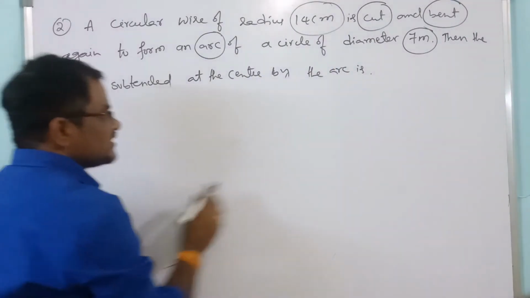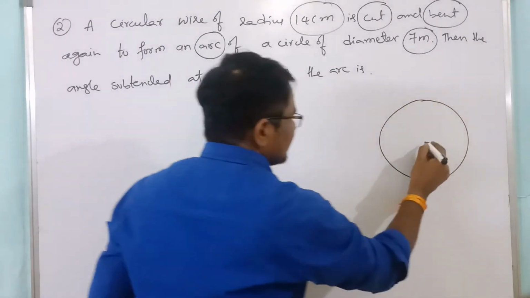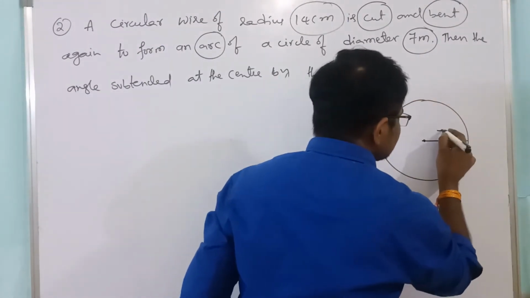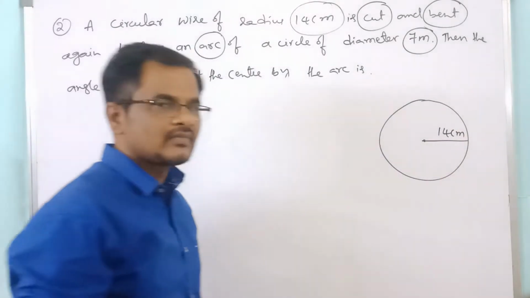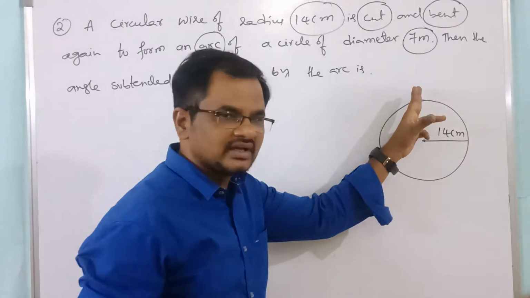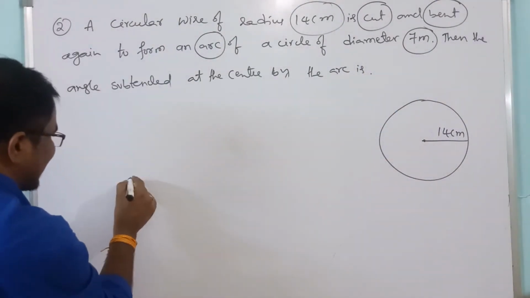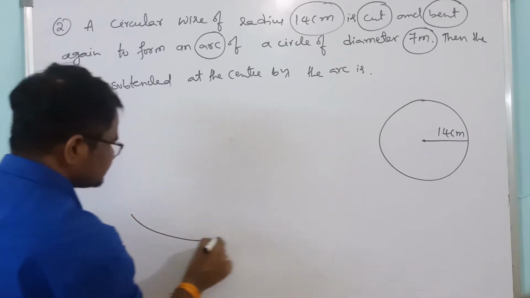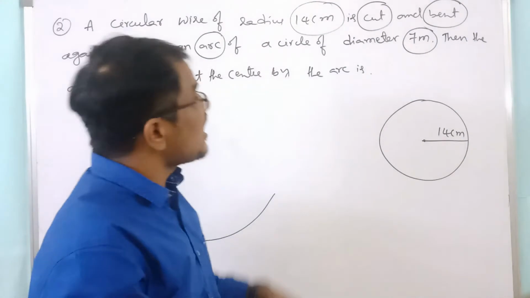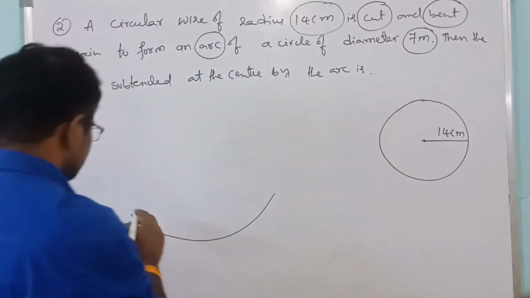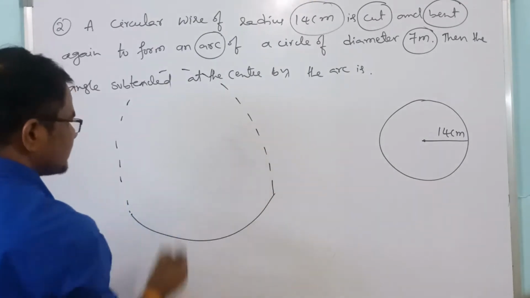Once you see, one circle is there with radius 14 centimeters. If you cut this one and bend it again in the form of an arc of another circle of diameter 7 meters, like this, here is one circle.